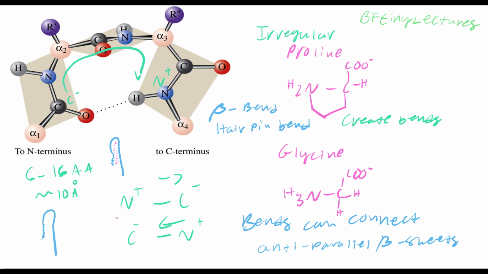So it would be kind of awkward to try to connect on itself at an angle. That's not going to happen, okay? So it's most likely to occur on antiparallel beta sheets. Not that it can't occur on parallel beta sheets, but it's going to happen most likely on antiparallel beta sheets when you use proline or glycine, okay? So there you go.